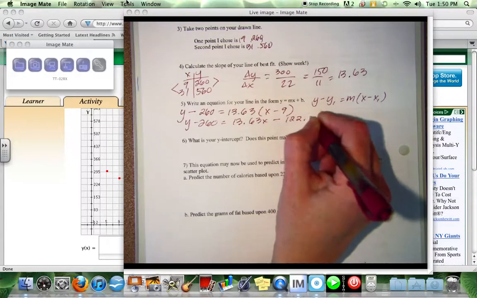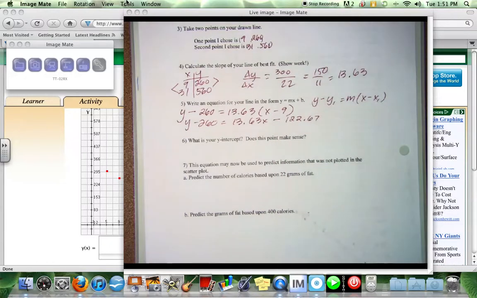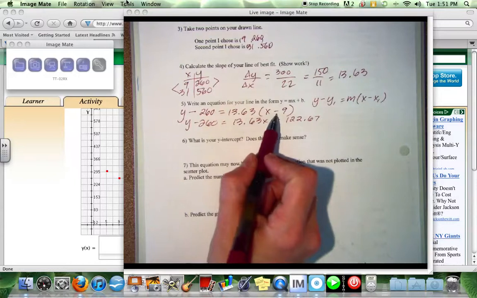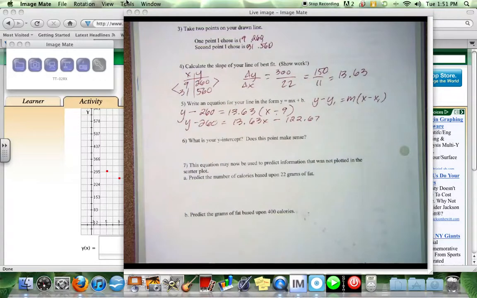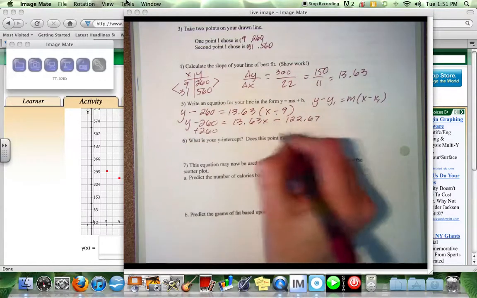So it's an addition. Oh, never mind, there's just one negative sign there. Now I add 260 to both sides.